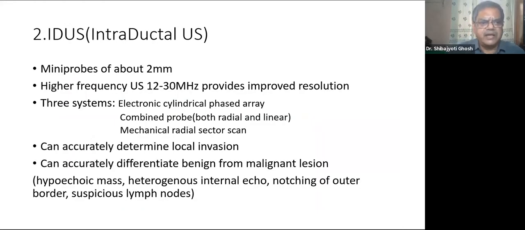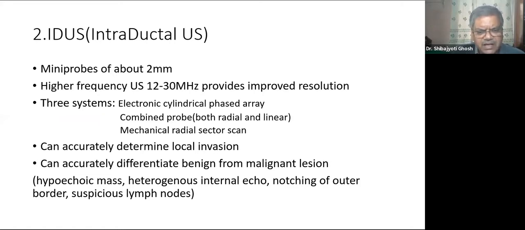And intraductal ultrasonography is also done nowadays. The probe size is just about 2 millimeters, and the high frequency ultrasonography, 12 to 30 megahertz, provides improved resolution. So these are all technical issues, and it can accurately determine local invasion and accurately differentiate between benign and malignant lesions.